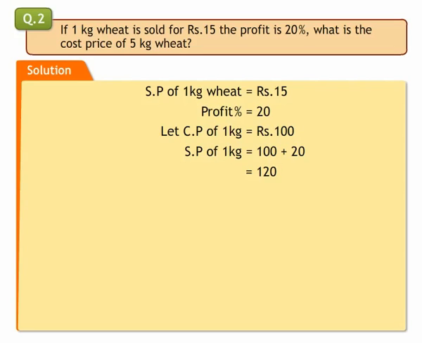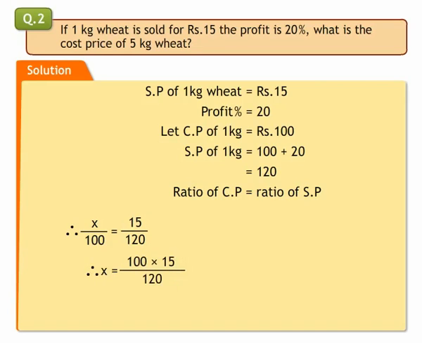Suppose cost is X. Ratio of cost price is equal to ratio of selling price. Therefore, X upon 100 is equal to 15 upon 120. Therefore, X is equal to 100 into 15 upon 120.